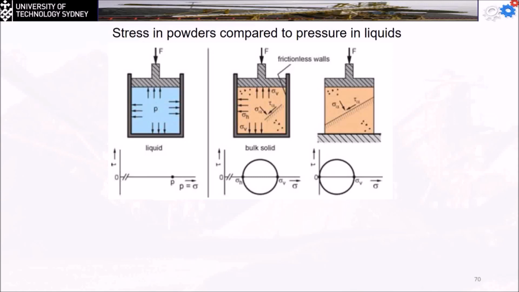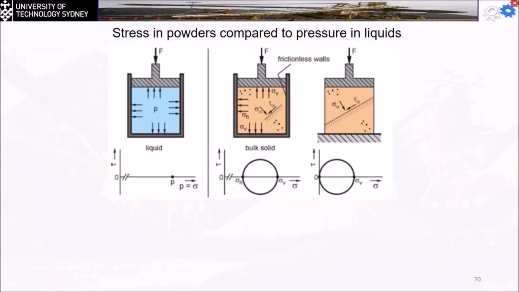That's considering that the wall is frictionless, and this is an ideal case. But anyway, where the shear stress is going to occur is going to be in this plane. So in powder, different stresses can be found in different cutting planes. And even if the material is going to be at rest, the shear stress may occur.